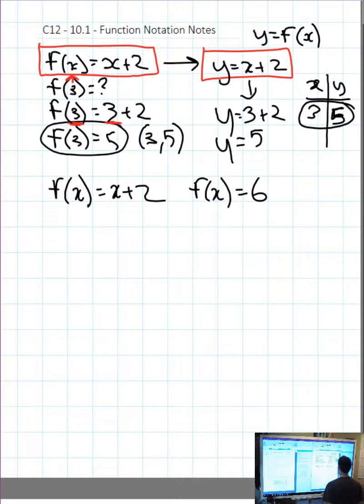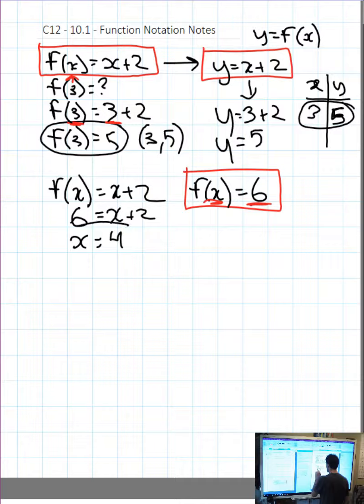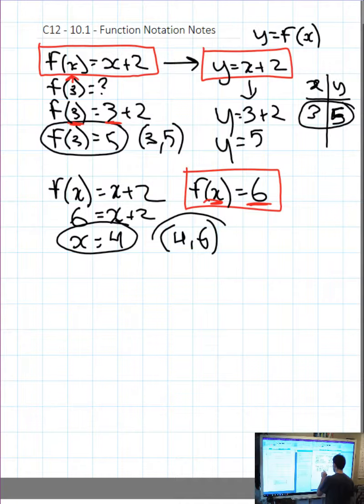Well, this time, is that an x value? No, that is a y value. So we simply take 6 and replace it for f of x. 6 equals x plus 2. And then if I subtract 2 from both sides and mirror the equation, x equals 4, and then I can always write the point down that I just figured out on the graph.